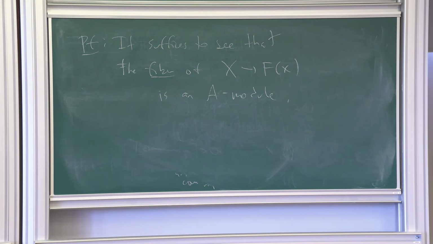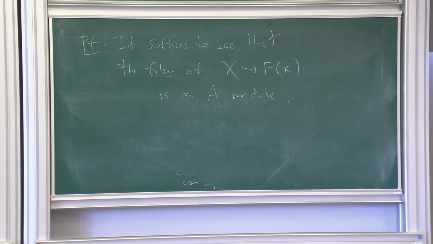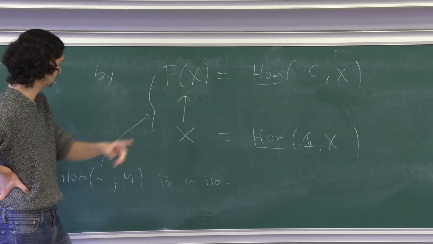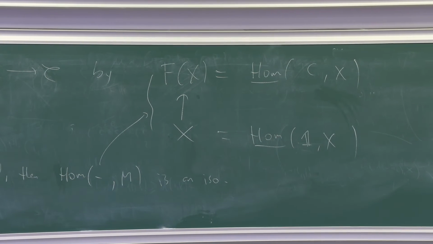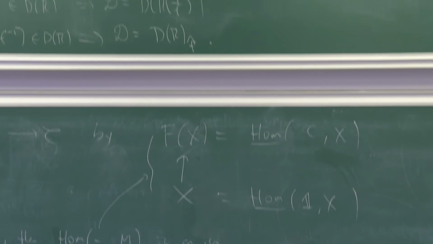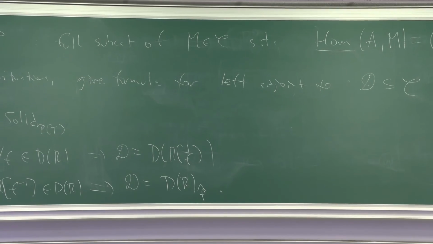The reason for that is that to show Homing out of this map to M is an isomorphism is the same thing as saying that Homs from the fiber to M should be 0. But by definition, internal Homs from anything in A to M is 0.